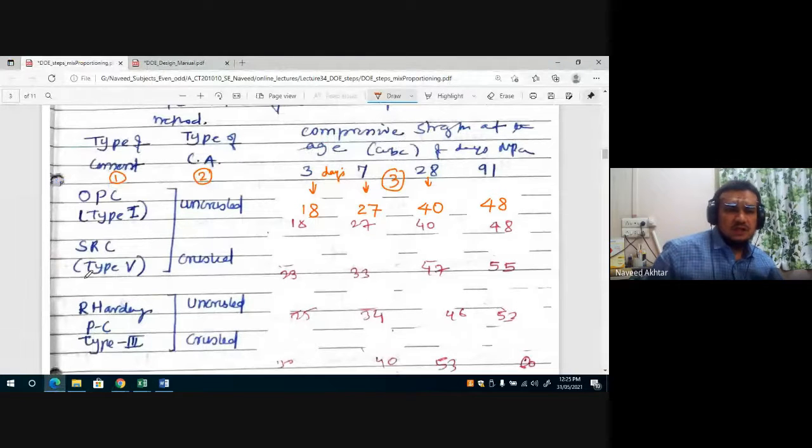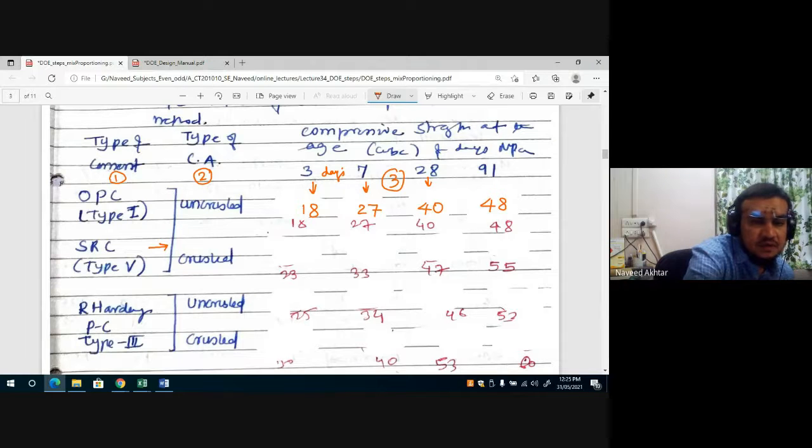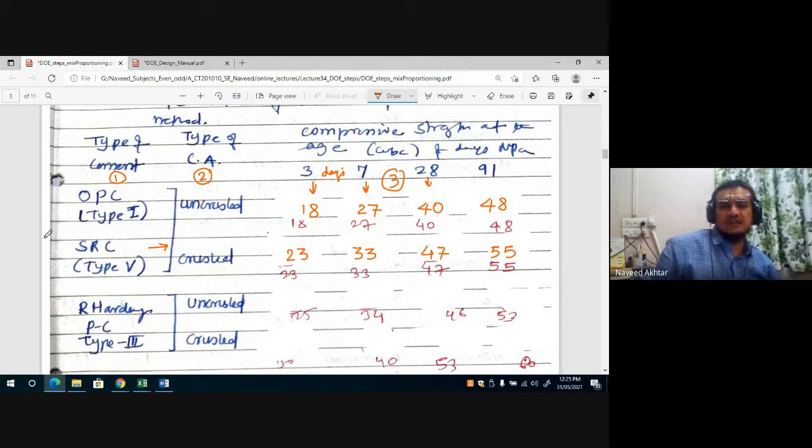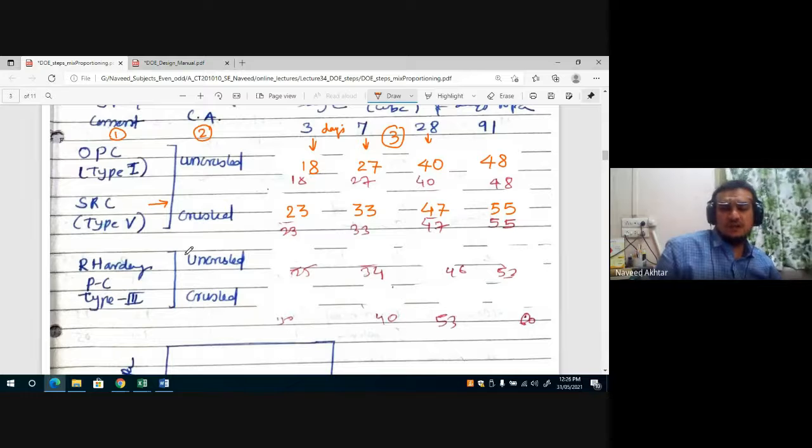If your type of cement is SRC, type 5 of ASTM, for crushed and uncrushed aggregate, the compressive strength is given as 23 for 3 days, 33 for 7 days, 47 for 28 days, and 55 for 91 days. So as the age increases, the strength increases. This code is nothing but for durability.